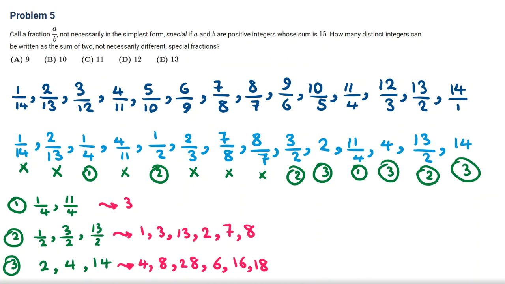Now, let's analyze all the numbers that we can write. 1 is okay, we've written 2. The next one, 3. We don't have 4. Yes, we have 4. We don't have 5. We have 6. We have 7 and 8.